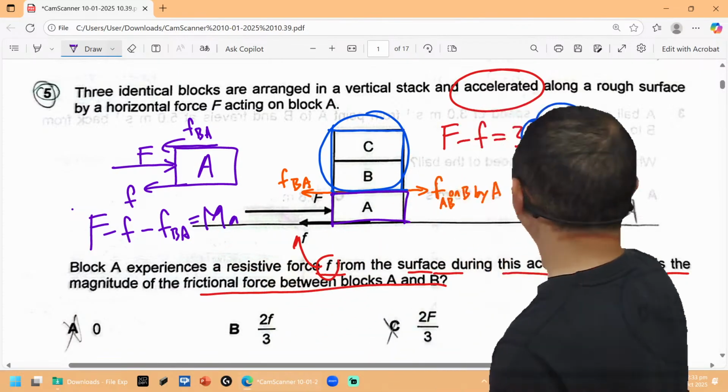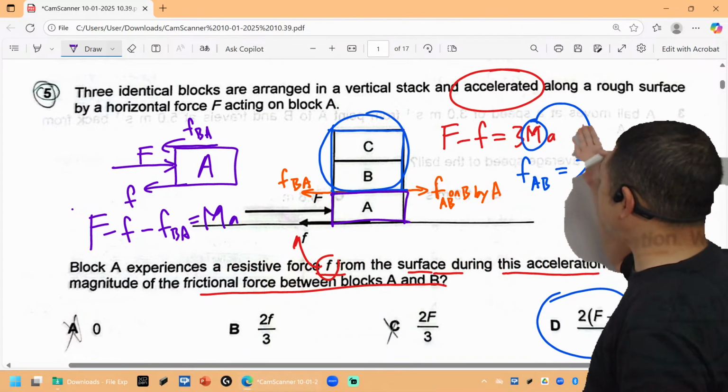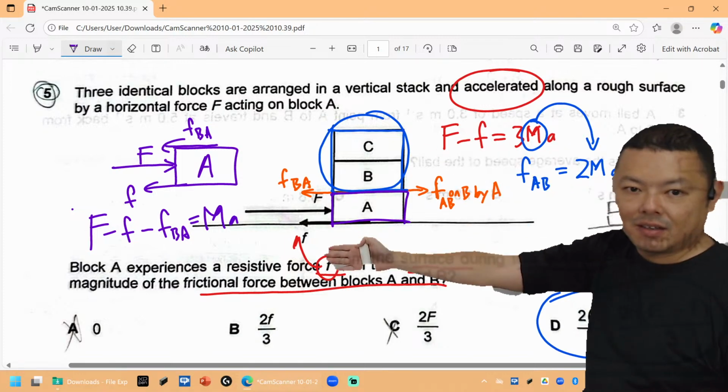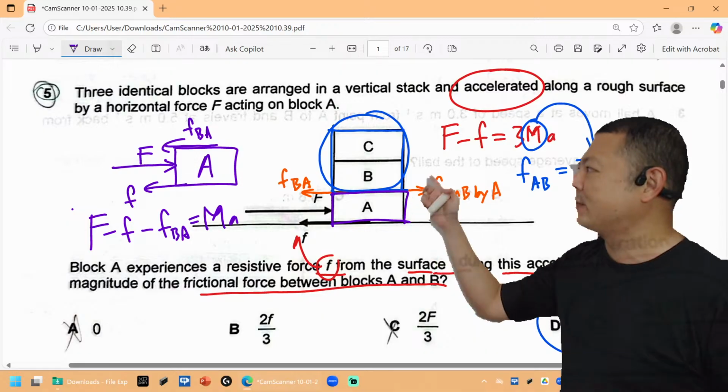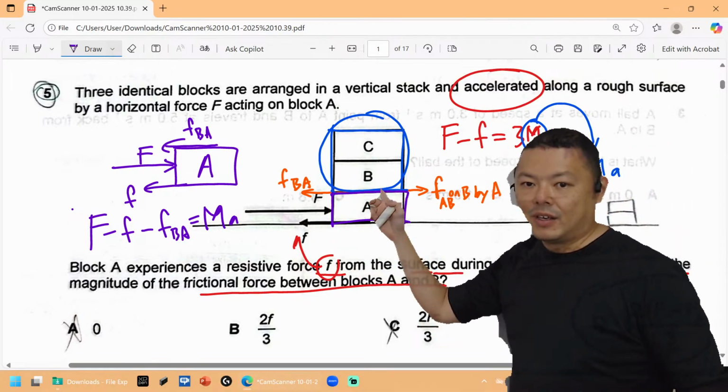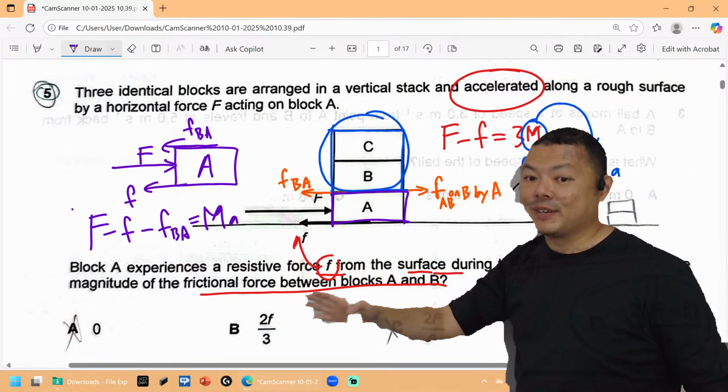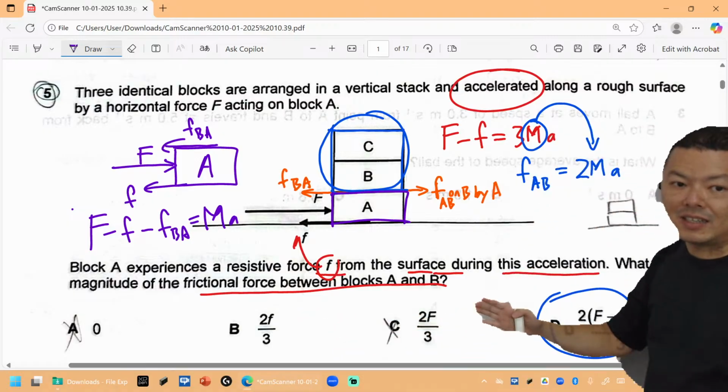So then we come back to this one here. Maybe we can sub in MA into this. MA will be F minus F. So no matter what, you still have to look at the big picture, and you end up with the same answer. Do you see that?